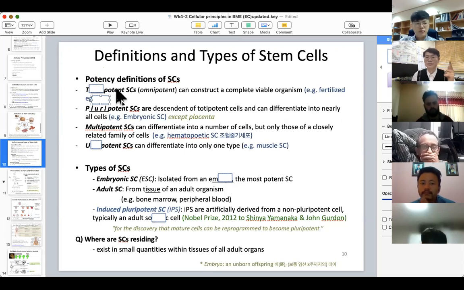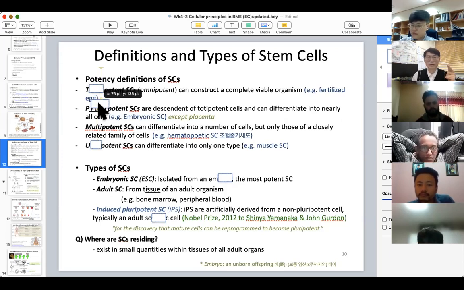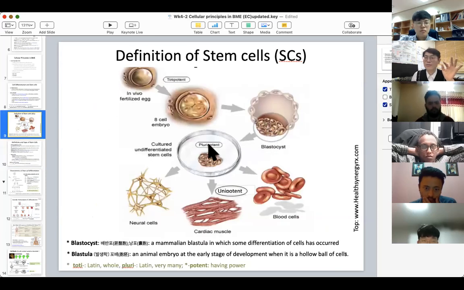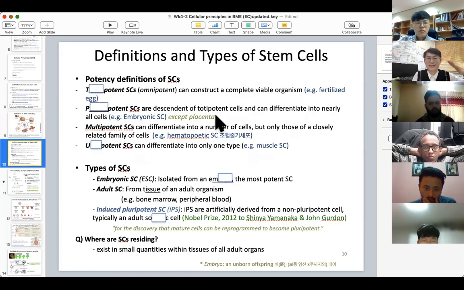Then what is the difference between totipotent and pluripotent? These pluripotent cells are the ones that form on the mom's placenta, but they cannot become placenta. Okay, that's why, except for placenta, they can become nearly all. So that's why their name is pluripotent.